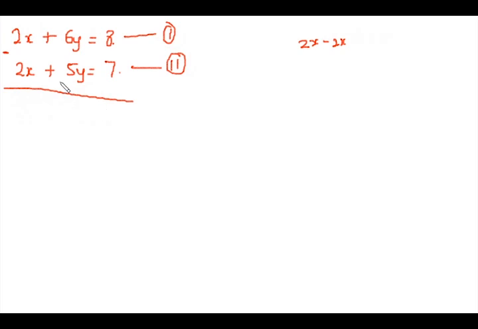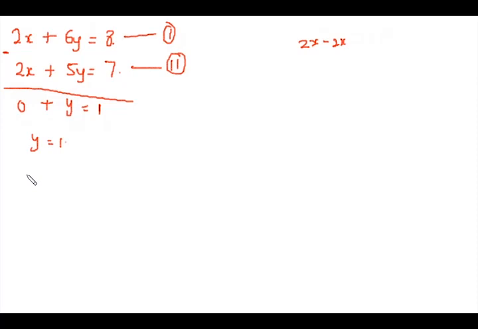The result would be 2x minus 2x is 0, plus 6y minus 5y is y. And then you have 8 minus 7, which is equal to 1. So that means y equals 1.